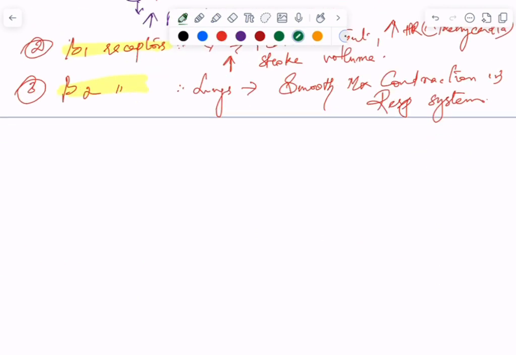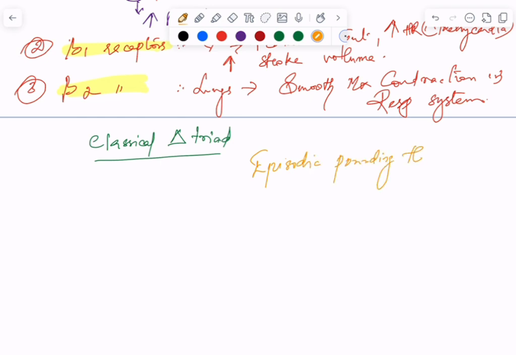We'll discuss some triad here. So pheochromocytoma has a triad, same like Albright syndrome, but the triad is different. First is episodic pounding headache.